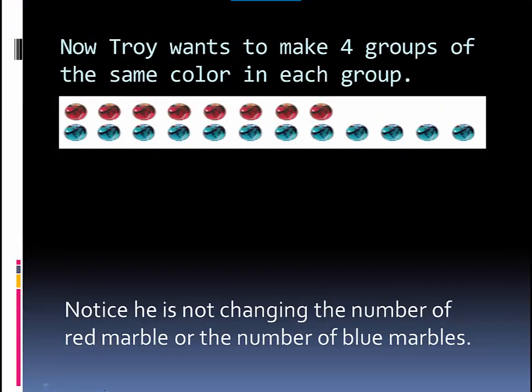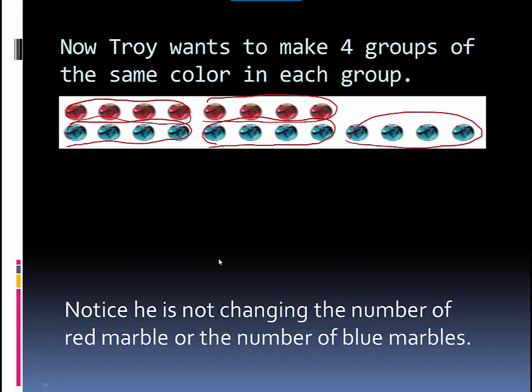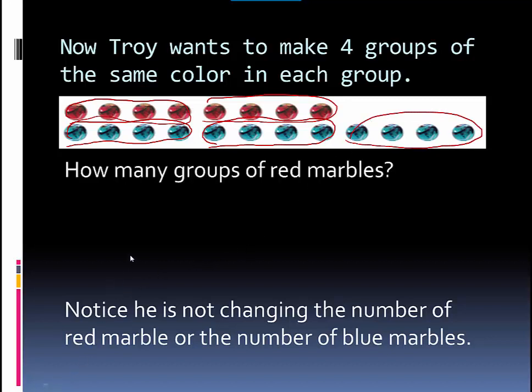Now Troy wants to make 4 marbles of the same color in each group. Notice he is not changing the number of red marbles or the number of blue marbles. Those are staying the same. How many groups of red marbles? 2.